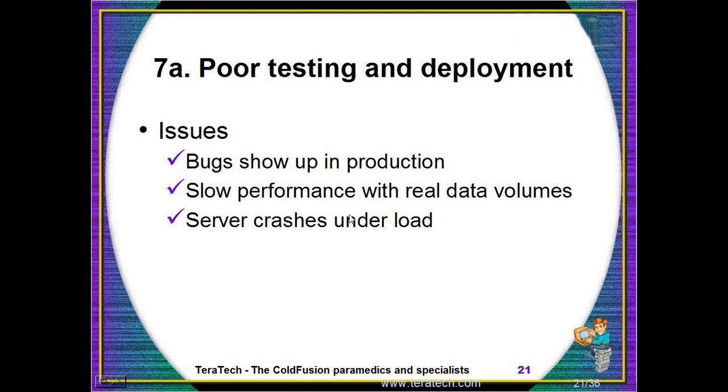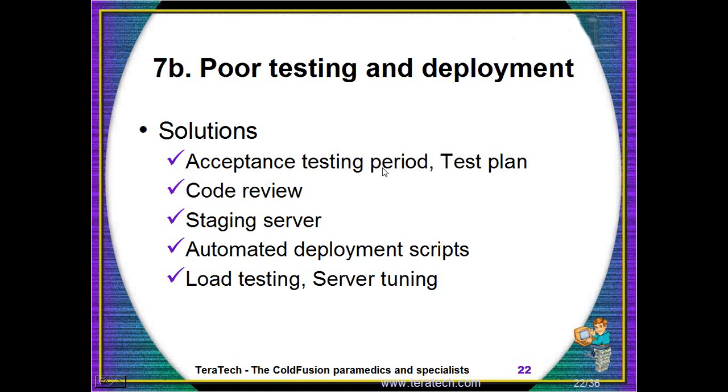Okay. So let me go over the solutions to this, and then maybe we can see what other people have issues in testing and deployment. So here are some of the potential solutions for testing and deployment.